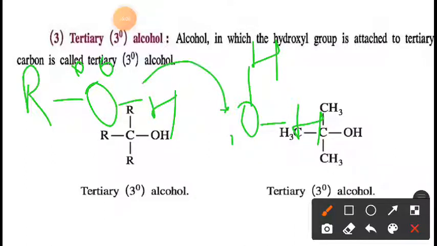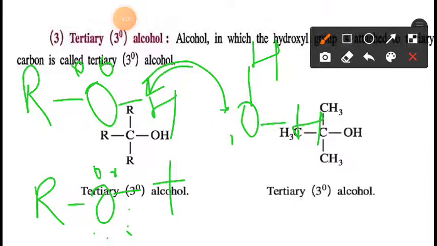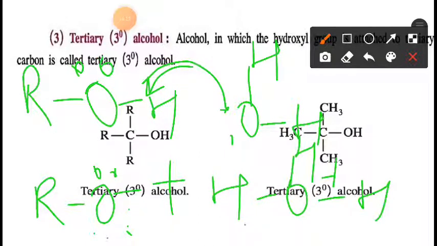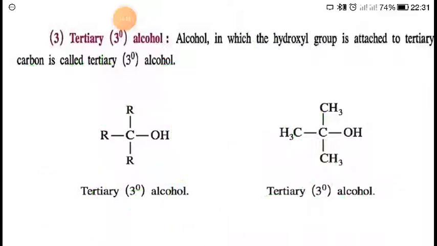This lone pair will transfer to this, and at that time it will form what, alkoxide ion. Okay, it will form alkoxide ion like this, right, and plus this will be like this. Okay, I hope you have understood this.